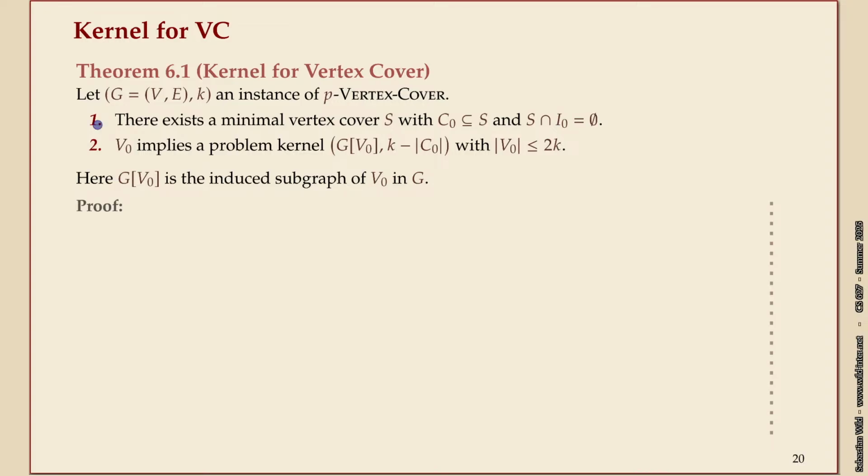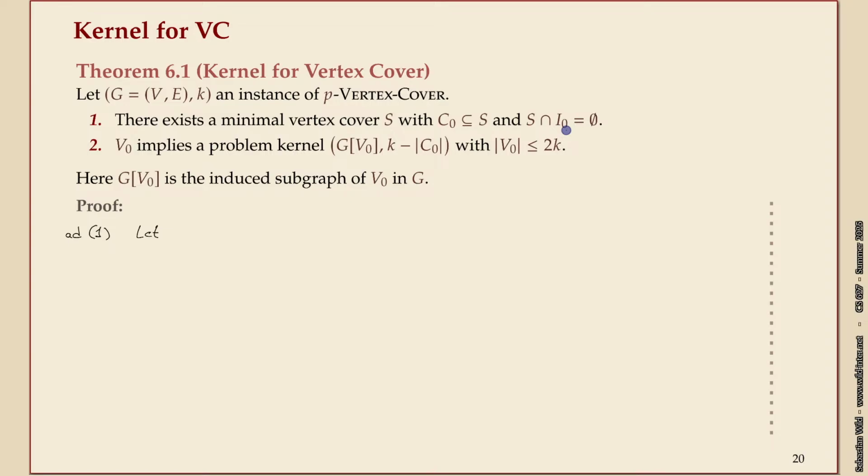So we'll first prove this claim 1. And then the second part is actually not that hard. The thing is that the statement here, to be precise, only says there is some minimal vertex cover that contains all of C0 and nothing of I0. There might be other optimal solutions.